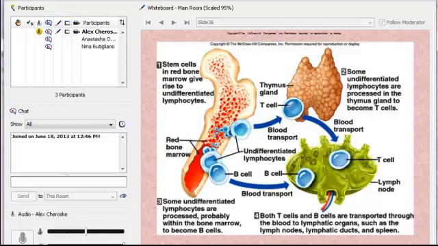Both the T cells and the B cells originate in red bone marrow, but the T cell will go on and mature in the thymus gland. The B cell won't enter circulation until it's fully mature coming out of the red bone marrow. And then finally, both of those cells can reside in things like the lymph nodes, where they can help the defense in their own certain ways, because as we'll get into, B cells and T cells are going to do it slightly differently.